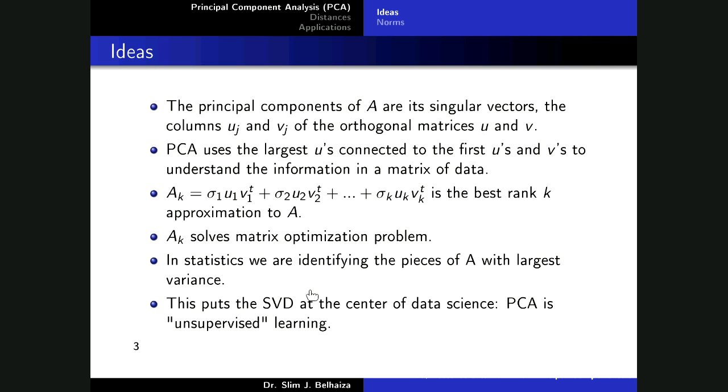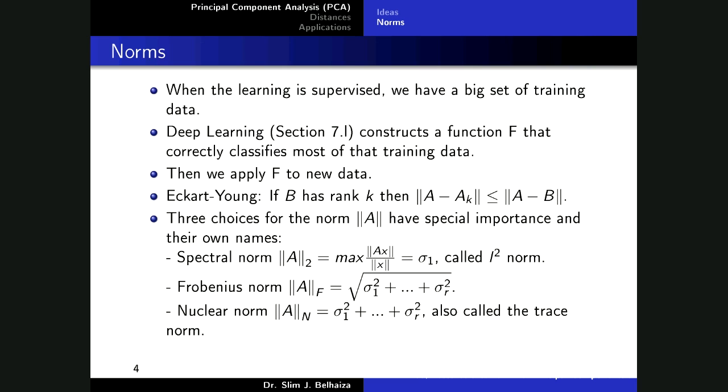So in fact, SVD is at the center of data science as a principle, because this is what we call unsupervised learning. On the other hand, when the learning is supervised, we have to define a function that helps us classify samples on some training data to provide some learning and decide afterwards to which class our sample belongs.